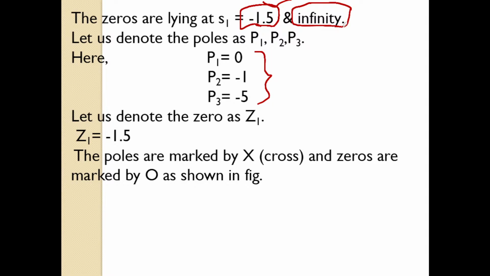Okay then, let us look at the zeros and poles now. Poles are represented by x on the s-plane, and zeros are represented by 0. So, this is our s-plane. I have considered 2 centimeter equal to 1 unit.